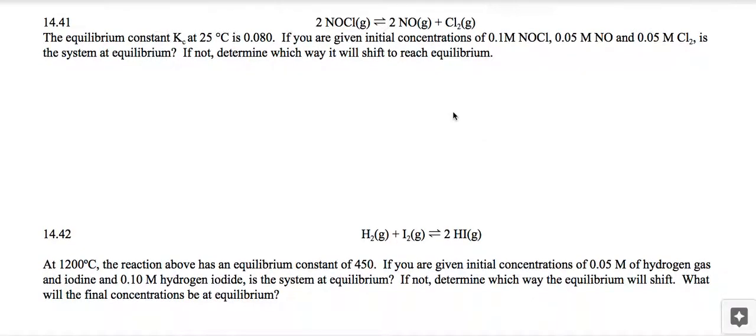Number 41, this is the one that I have the key for here. It's exactly the same. We have exactly the same process, just a different reaction here. So I'll go ahead and do this. We have our ice table again, 2 NOCl.